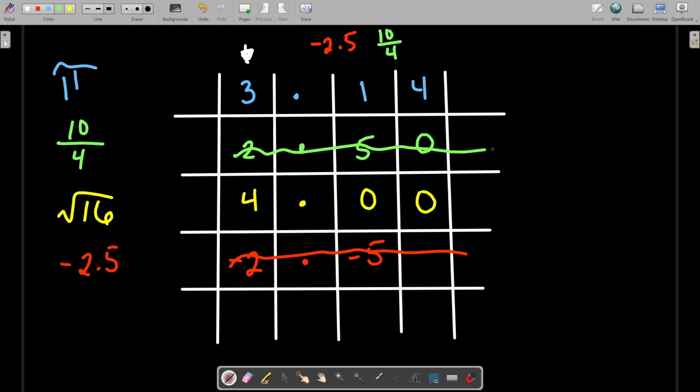Cross that out. We're done with that. Next, back to the first place value. 3 and 4, which is the lesser value? It is 3. So our next number is pi. Cross that out. And we are last with 4. In original form is square root of 16.